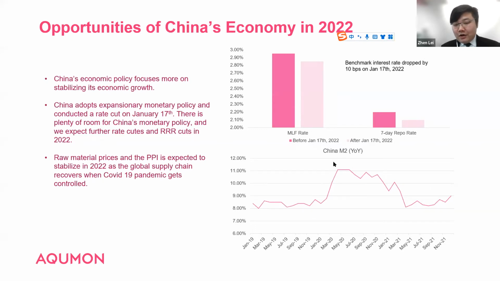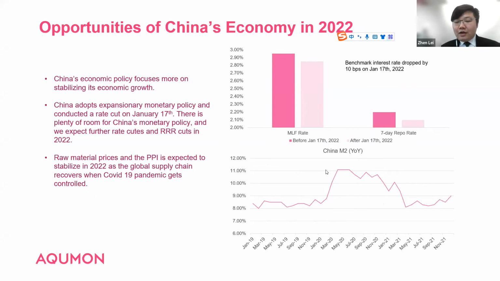We can see here for China's M2 growth, actually before the outbreak of COVID-19, it is around 8.5%. After that, it went up to around 11%, and in 2021, it went down again to 8.5%.